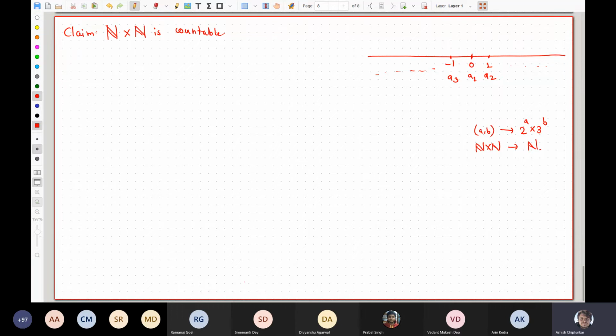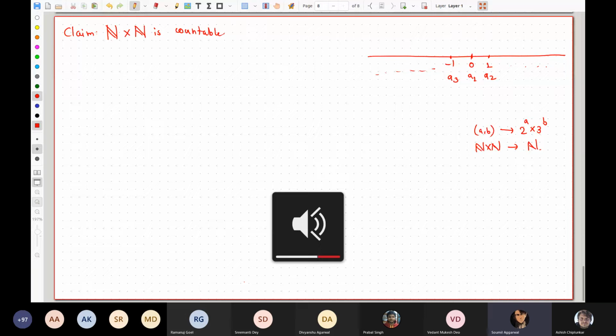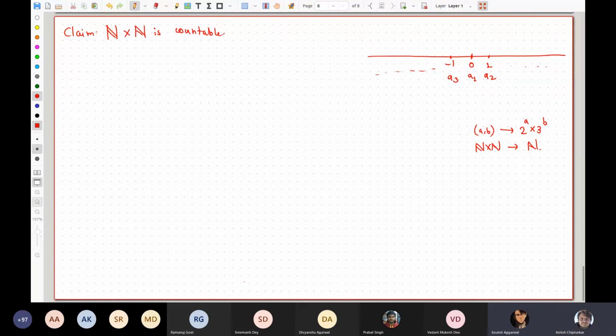Somil? We can first order the elements of N cross N based on their sum, and for two elements which have the same sum we order them based on the first component. I see. So you're trying to say this guy is 1 comma 1, which I'll call A1, this is A2, this is A3, A4, let me draw bigger.